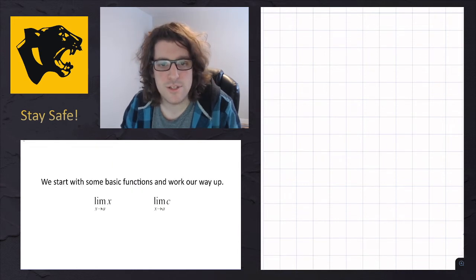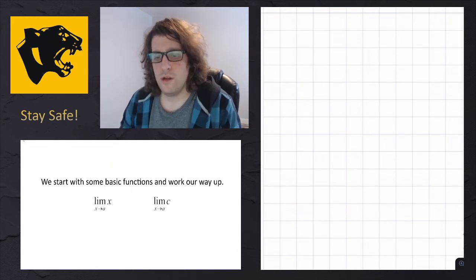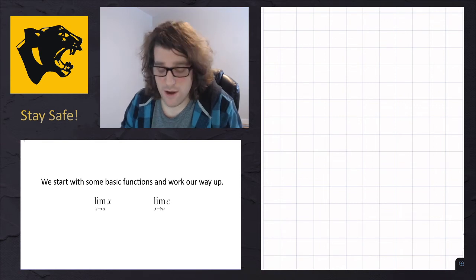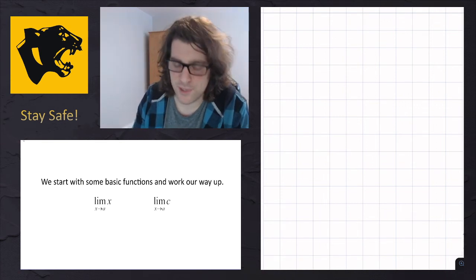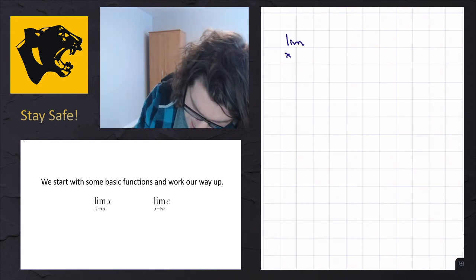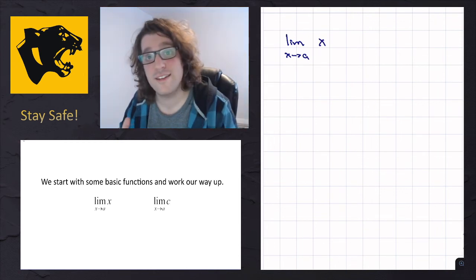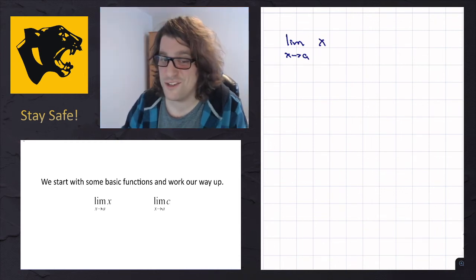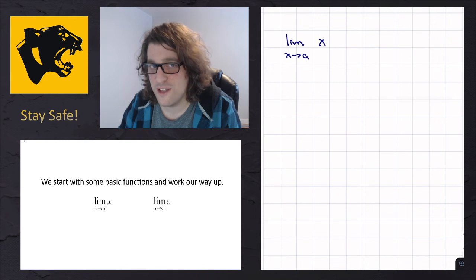All right, so we're going to look at these two very simple examples. The first one is just the limit as x approaches a of x. Now, if I said this to you out loud and asked you to answer, I think you could answer it.